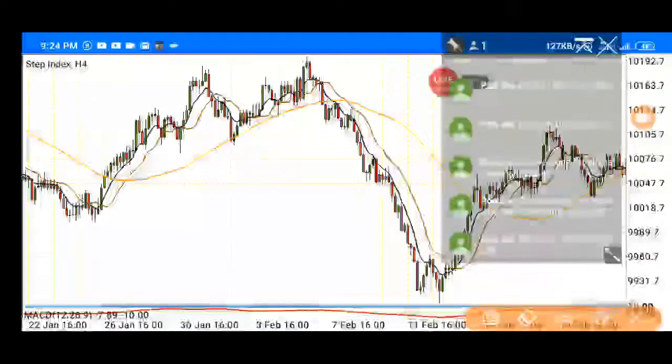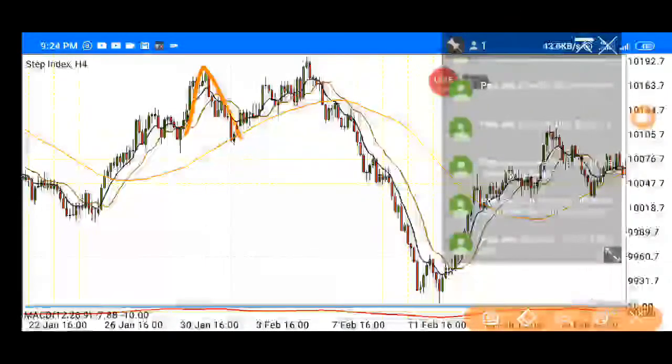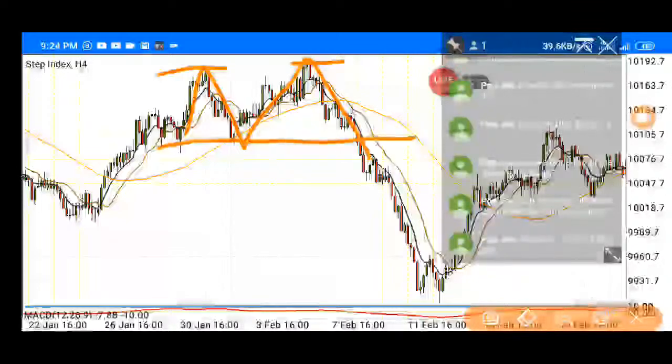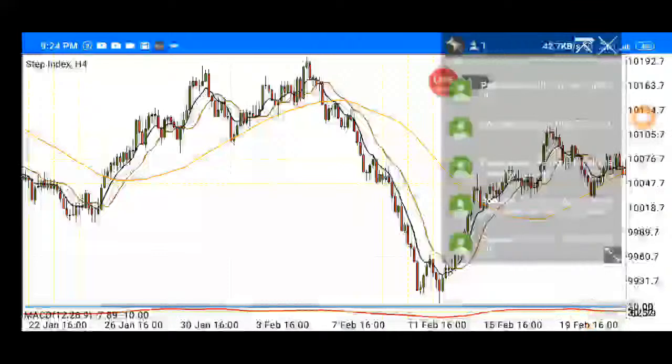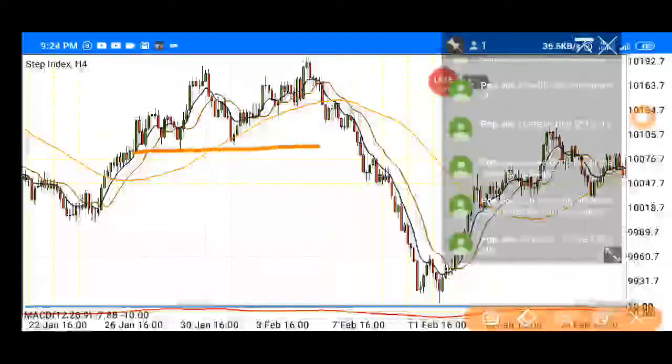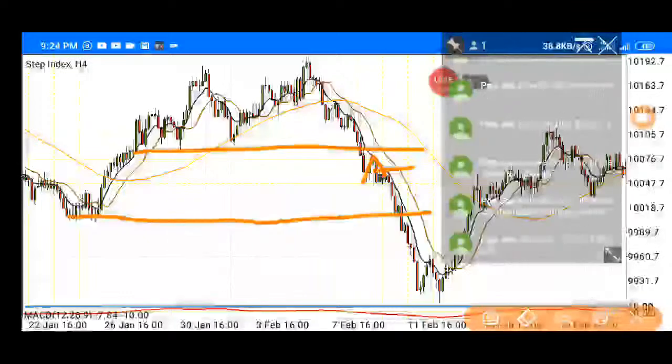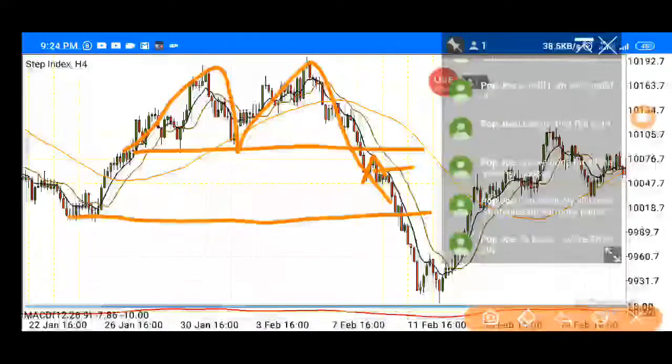You can see double top on H4, top 1, top 2, neckline was broken here. You sell here, and you can see after this neckline was broken, there was a retest and bounce. So you sell here as a conservative trader. You can TP on this level just because of this double top.